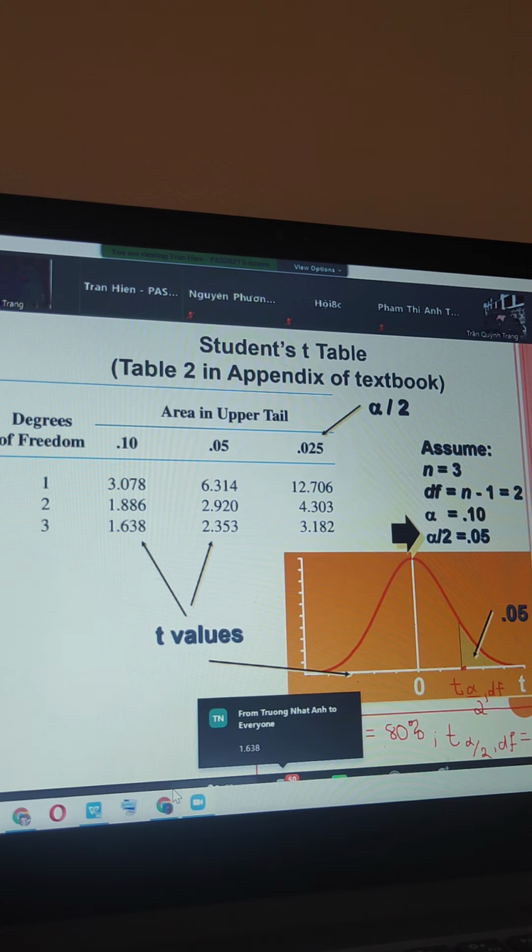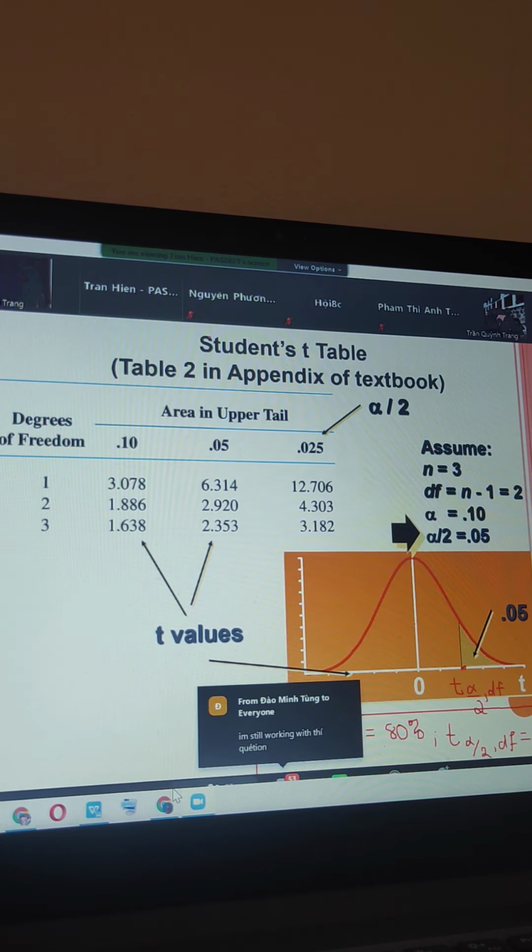Đào Minh Tùng. Đào Minh Tùng, are you here? Phùng Dũng. Hoàng Minh Châu.